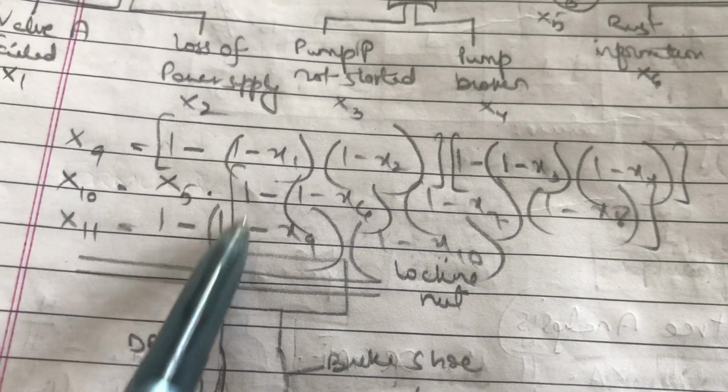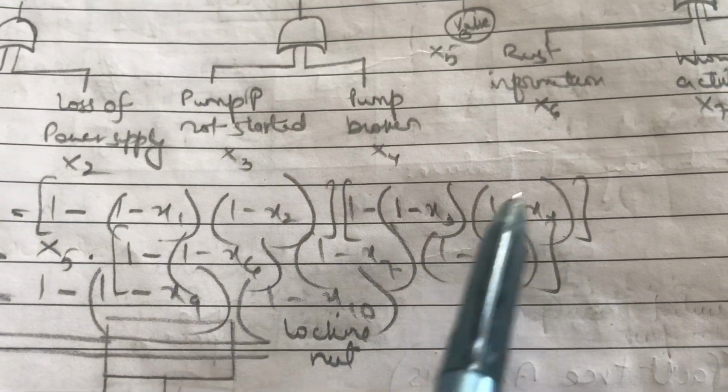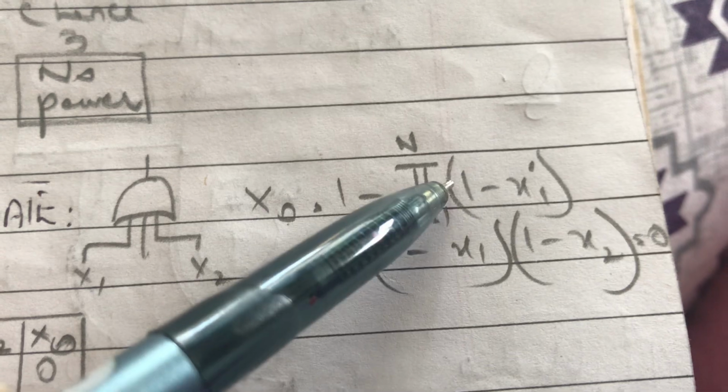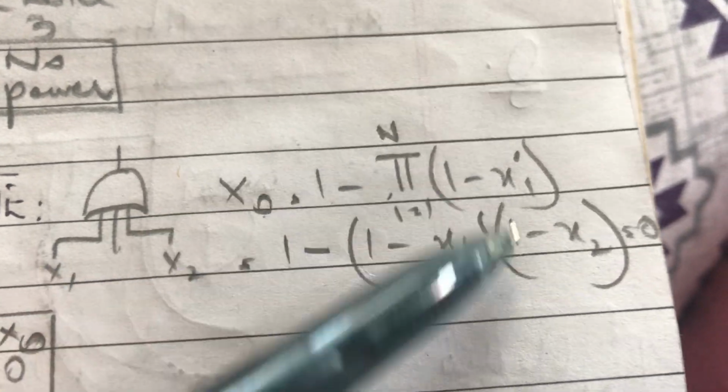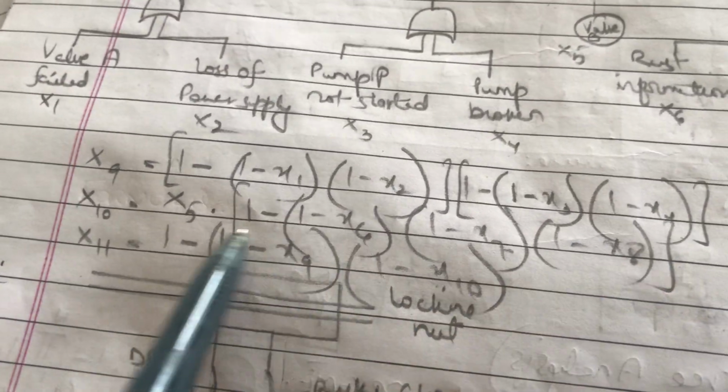So x5 into 1 minus x6, 1 minus x7 and 1 minus x8, because for the OR gate we have the formula xo equals 1 minus the product for i going from 1 to n of 1 minus xi. So we have just written it like this.